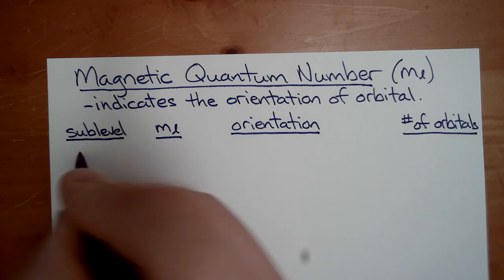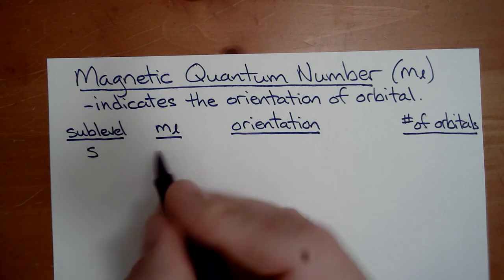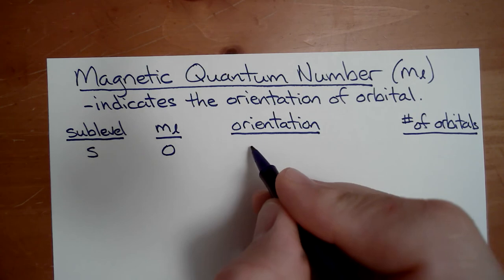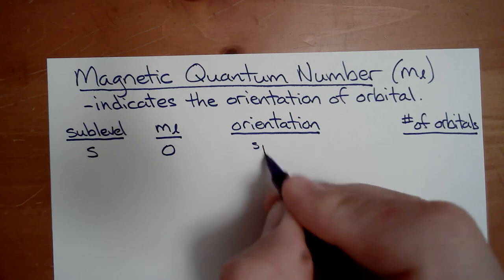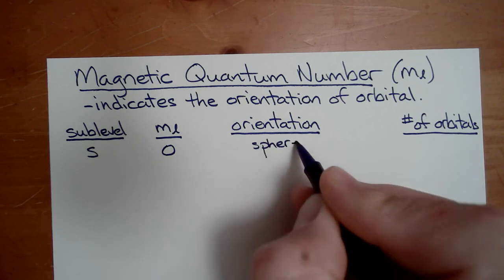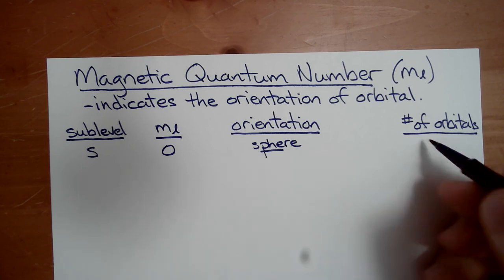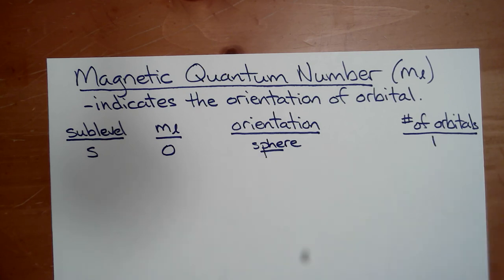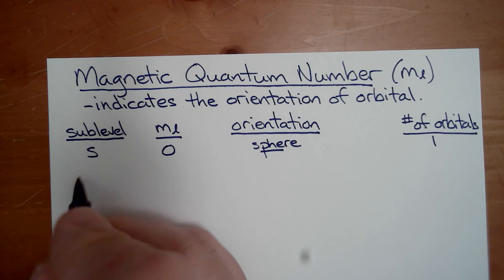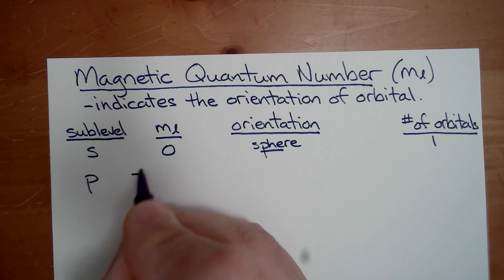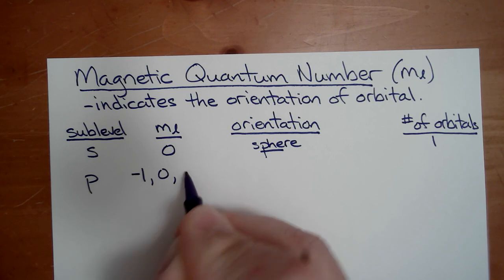Okay, so in sublevel S, our m sub l is 0, and our orientation is a sphere. In other words, it's completely around, and so that would be an orbital, and that's one orbital. Now in the P sublevel, we have a -1, a 0, and a +1.